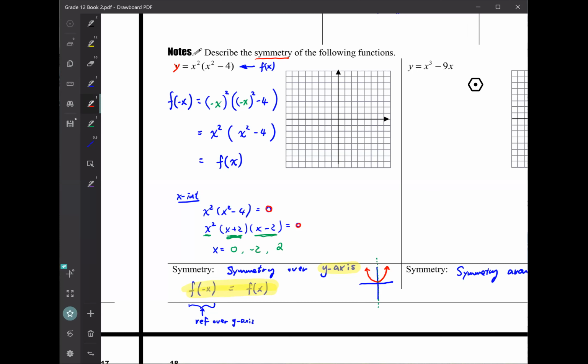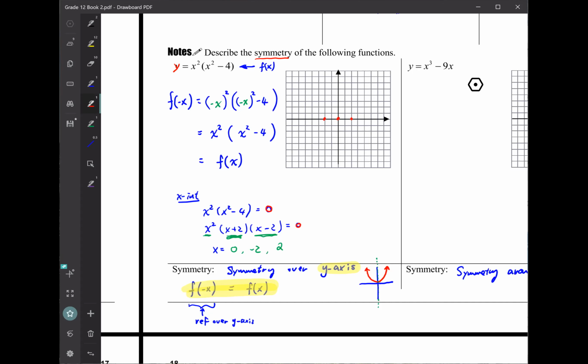So we'll plug in the points now. For the x-intercepts, we have 0, negative 2, and 2. Right now we don't know which way it goes. Later on, starting next page, I'll show you how to determine where to start the curve.